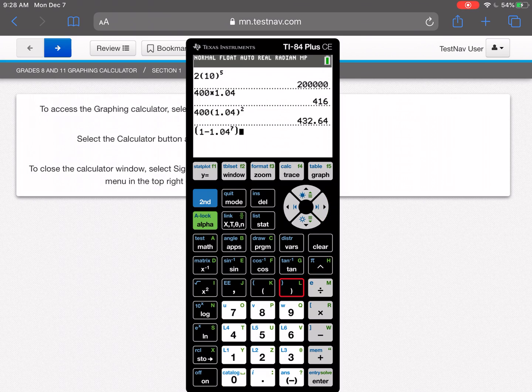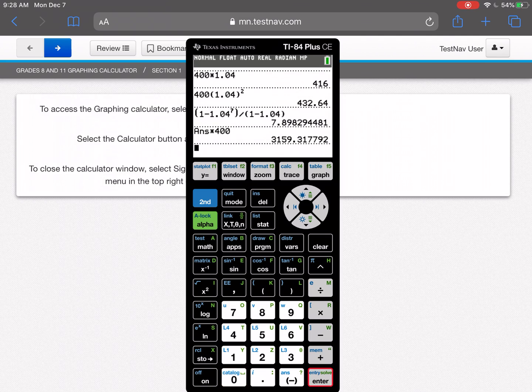So that's my top. I put it in parentheses, and then I divide by 1 minus 1.04. That's just the 1 minus r on the bottom. And then I multiply that by the first term. And so I'm getting 3159.32. I would round to the second decimal place, and that would be my answer.